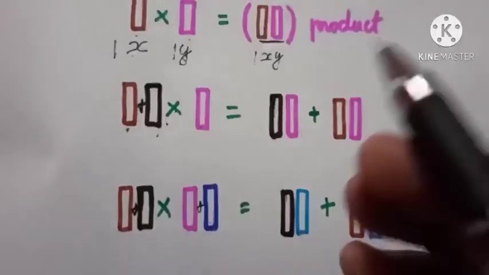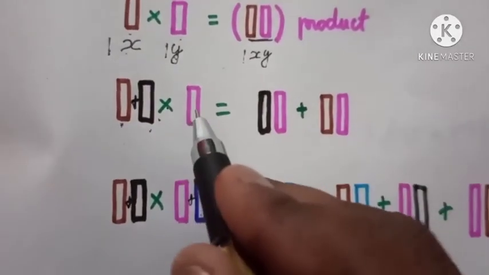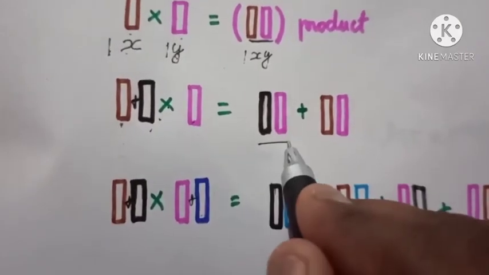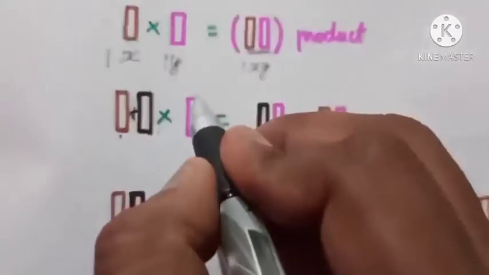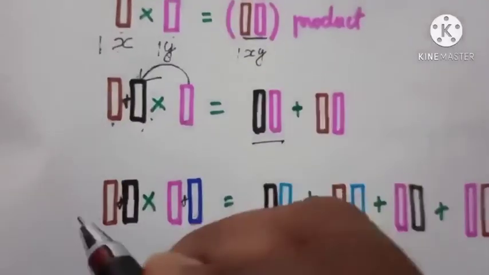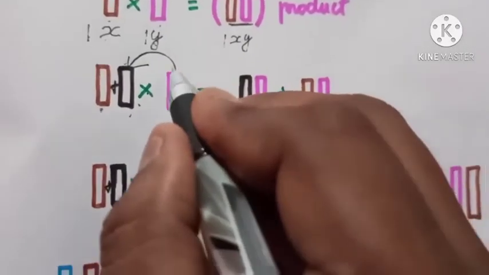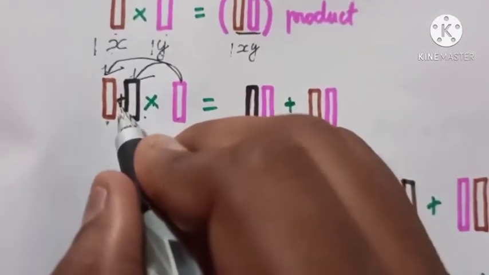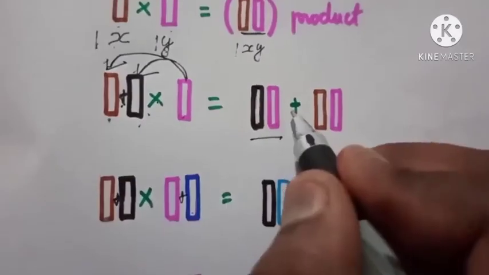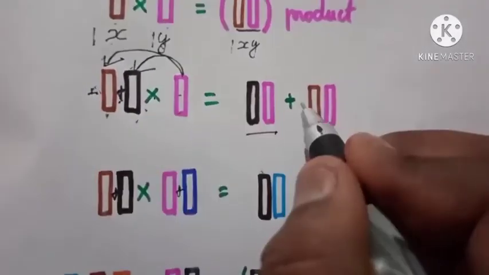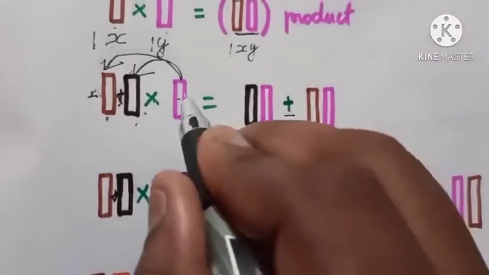Now you can take pink to be multiplied with the black, and you get this product. First you go with this term to this one, and next you go with the brown, that is the other term. Before that, what is the symbol? You have a plus here, and this is also plus, so plus into plus you put plus. So pink with the brown.